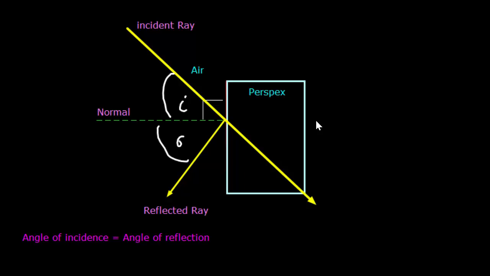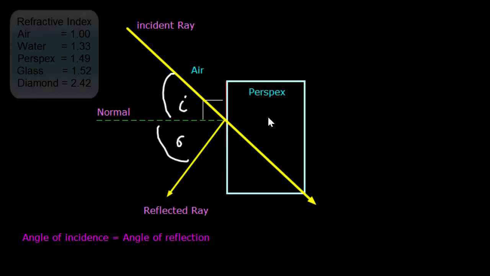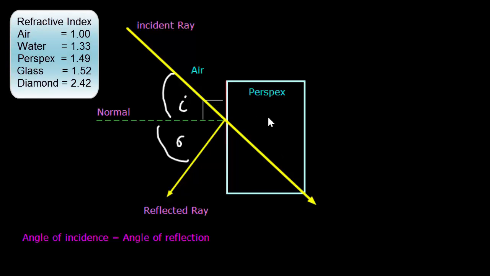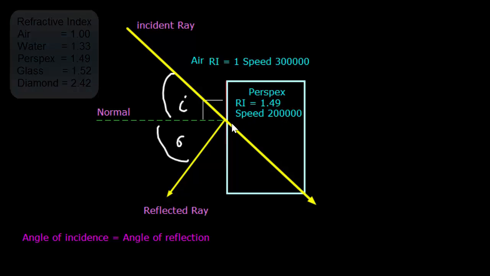It means that there's more resistance to the light, and it's going to slow it down, just like you would slow down in a car if you drove through a big puddle of water. So if we look at a table with refractive index where air is 1 and the speed of light in air is 300,000 kilometers per second, and we compare that to perspex where the refractive index is 1.49 and the speed in perspex is 200,000 kilometers per second, the light has significantly slowed down.